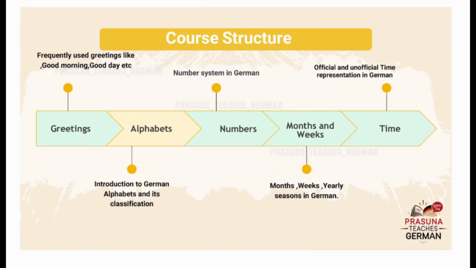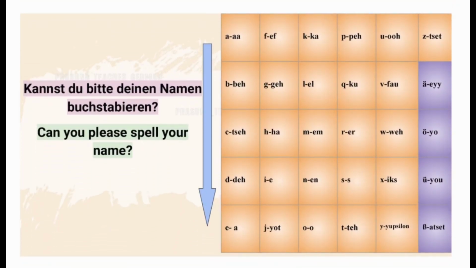Now let us see the second module, alphabets, also in the demo session. As I told, there are 26 alphabets just like English and 4 extra characters. So in total 30 alphabets are there in German. Now let us see the sounds of each and every alphabet. A will go with the sound A, the sound of A in arch. B is a bear.